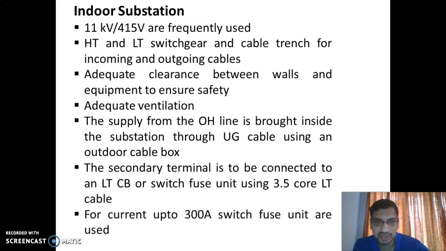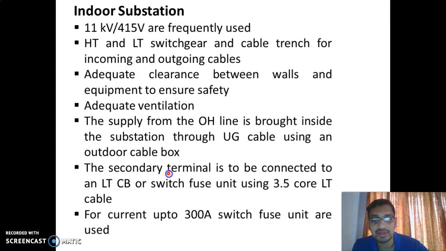For installation practice, normally 11 kV by 415 transformers are used, and for installation HT and LT switchgear are required, and a cable trench is also required for outgoing and incoming cables. Then sufficient clearance is required for safety. Then ventilation is required. Then we should install an underground cable to connect to the substation.